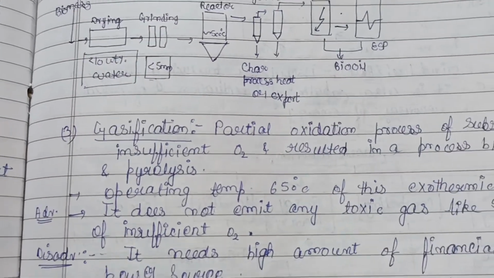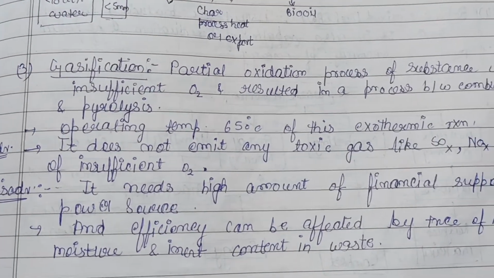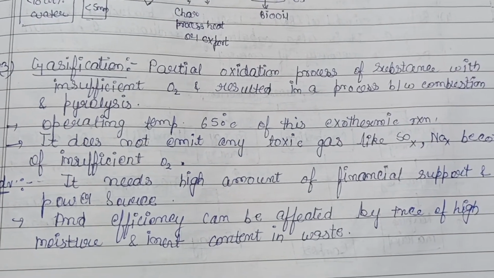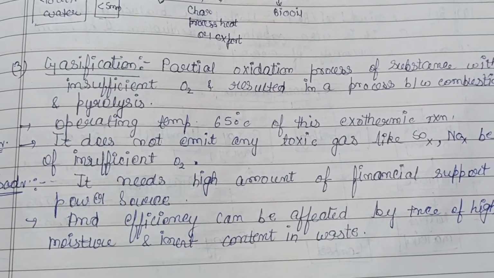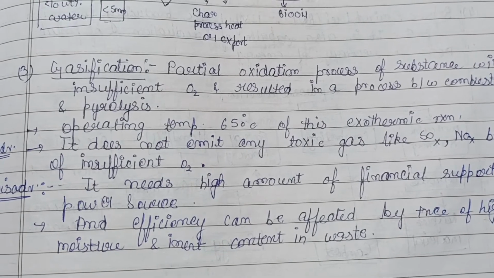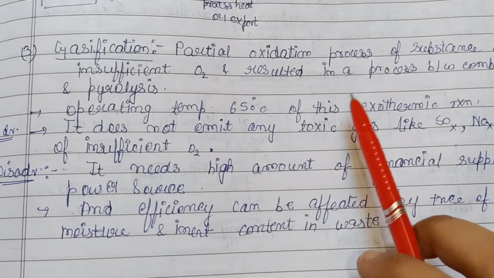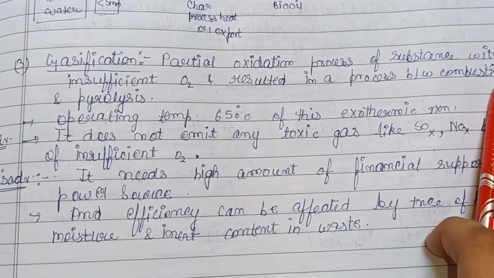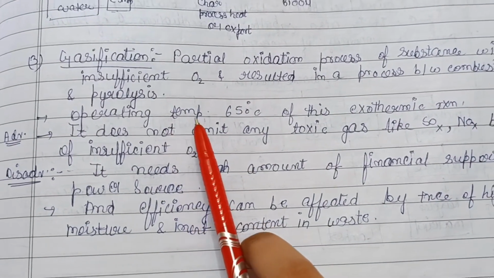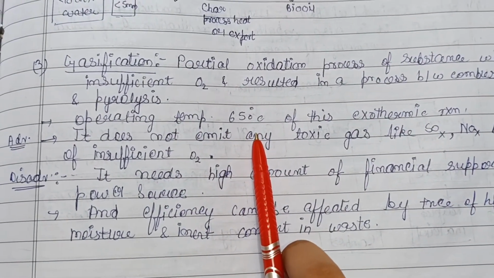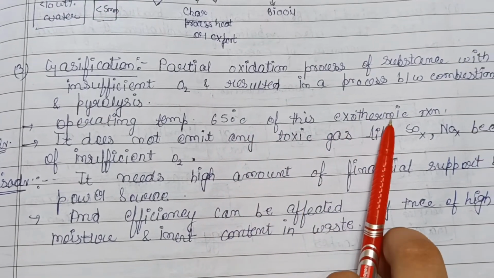Then gasification. It is a partial oxidation process of substances with insufficient oxygen, that is, neither absence nor complete presence of oxygen, and it results in a process between combustion and pyrolysis. The operating temperature is around 650 degrees Celsius, and this is an exothermic reaction.